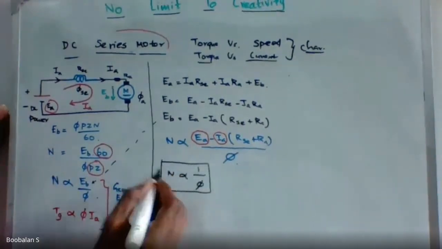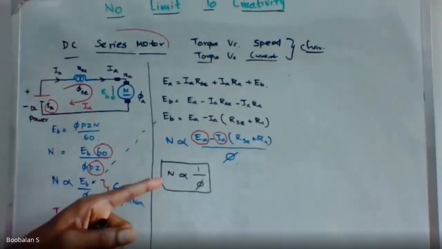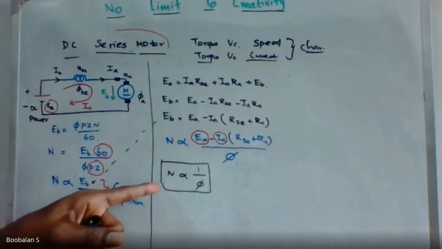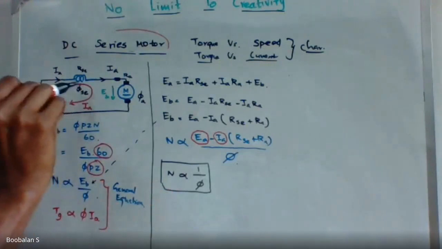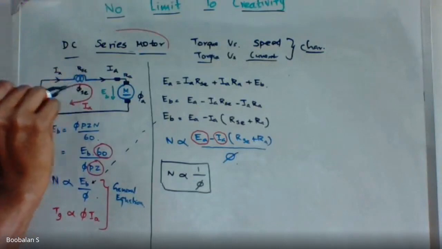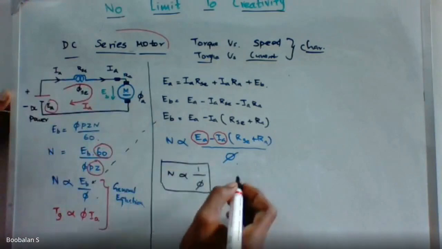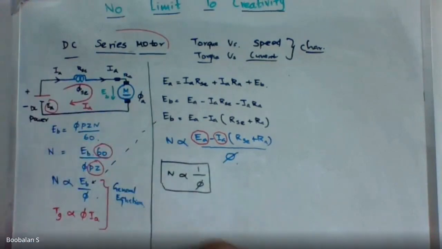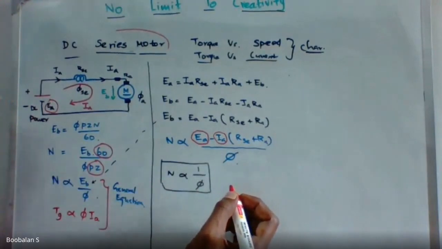If you watch carefully, you can see that in the DC shunt motor n is directly proportional to phi, but here n is directly proportional to 1 by phi, and the current IA is flowing through this circuit. So let's see the individual character of the DC series motor. It has a unique feature.